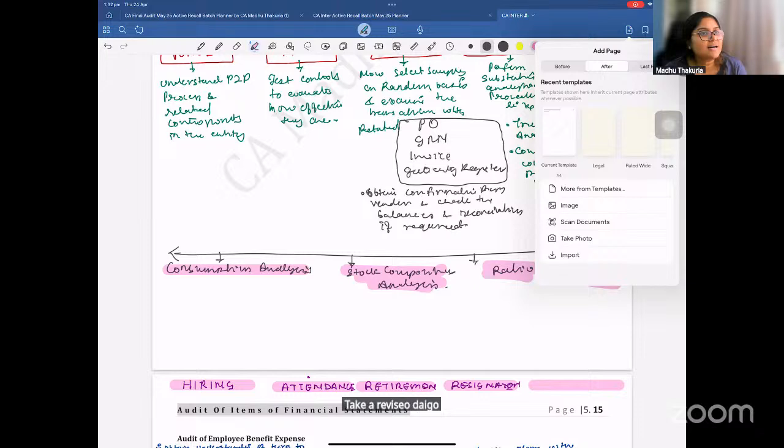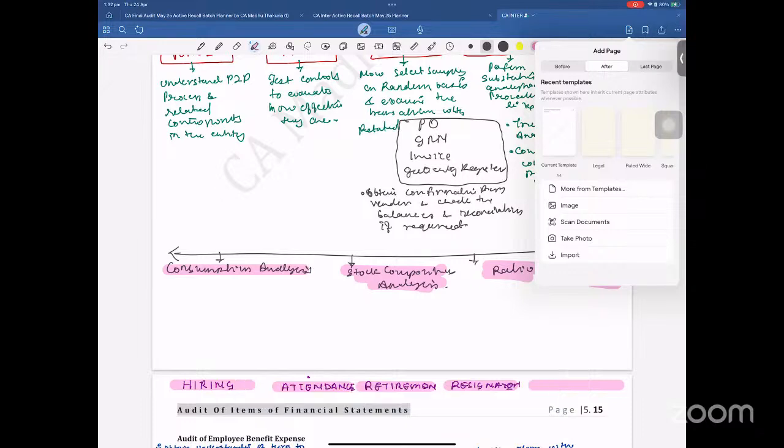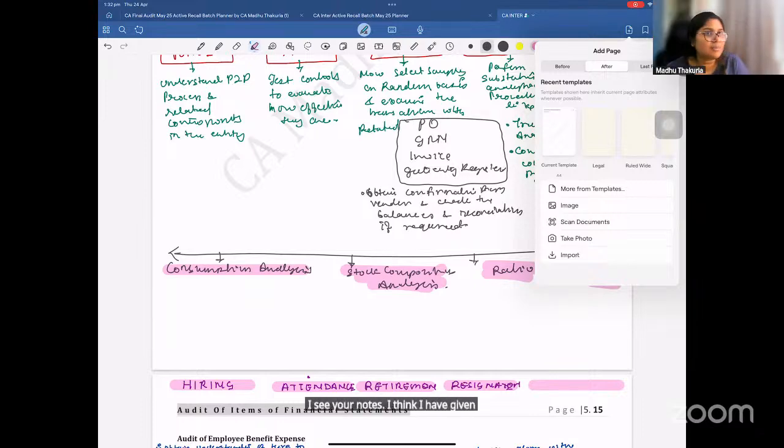But can any one of you send me this, because I did not like the material of this, some stock composition or some analysis over here. Did I give you some examples in these things? I think I have given you the example of some of these.